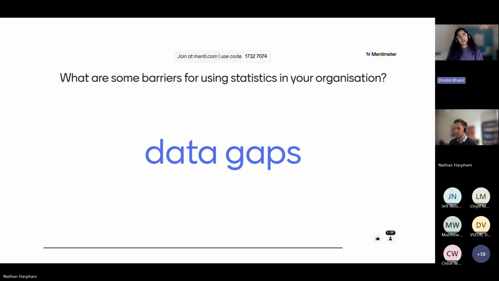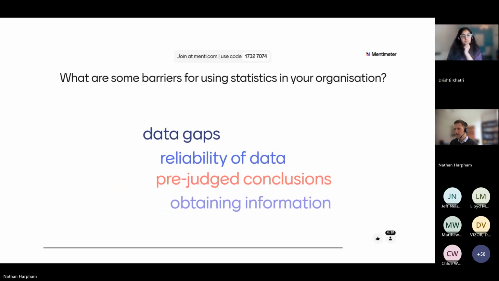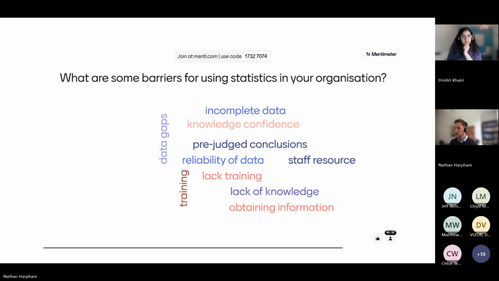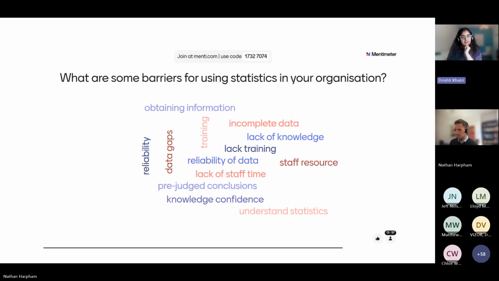It can be really challenging to get enough data and to deal with those limitations when we're analyzing those things. Prejudged conclusions, yeah. Knowledge, resource, training. Resourcing. Level of confidence.